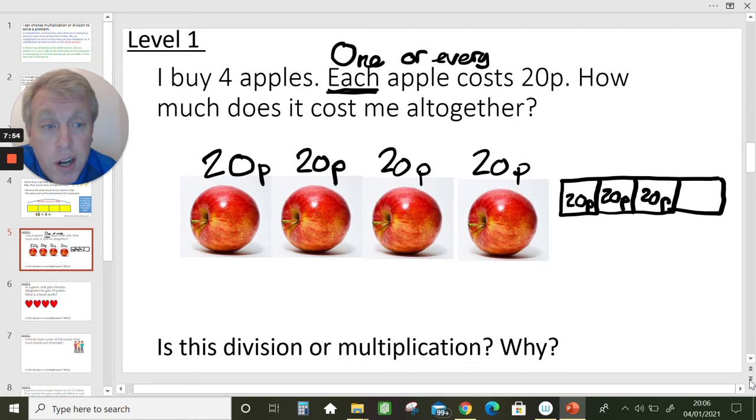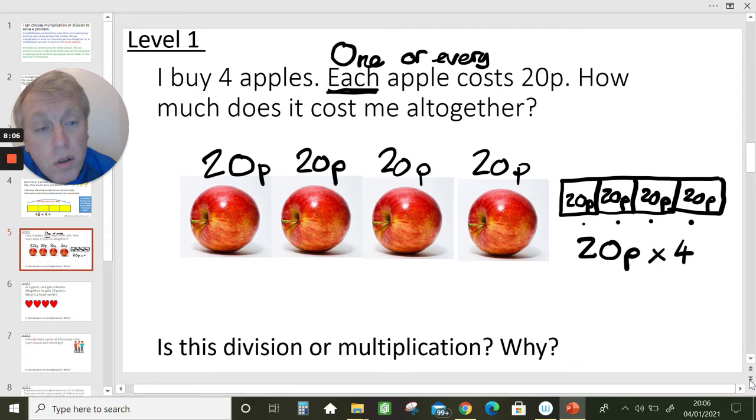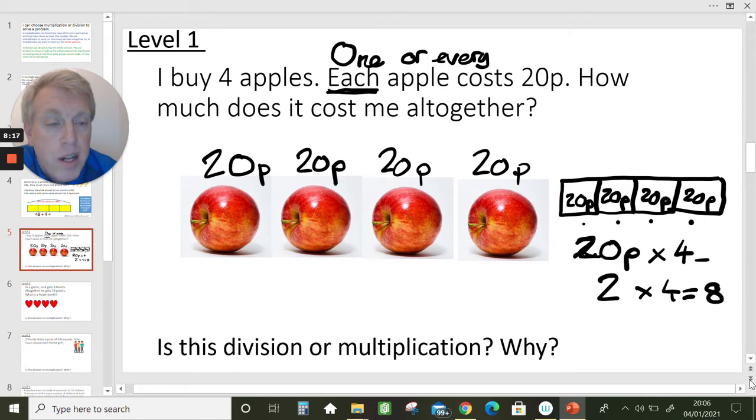Each bar or each box means 1 apple. So what number is it? 1, 2, 3, 4 times. It's 20 pence times 4. I'm sorry that my 20 looks a bit like a Z there. Right, 20 pence times 4. Well, 2 times 4 is 8. So 20 times 4 is 80.